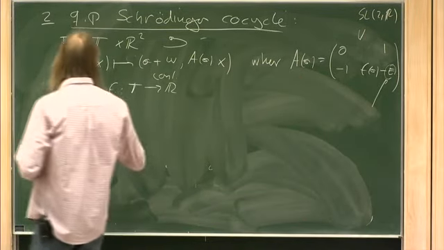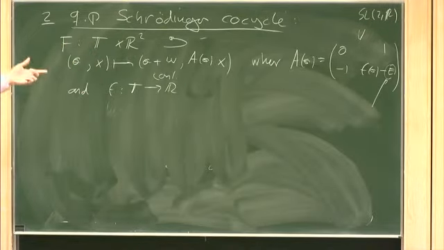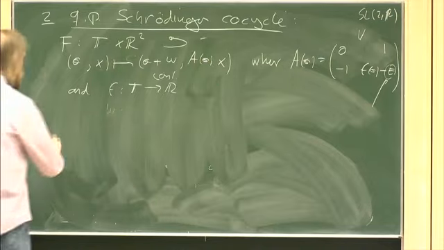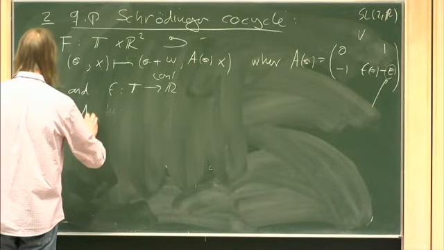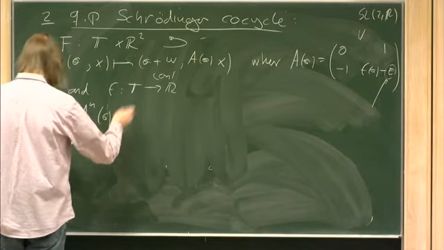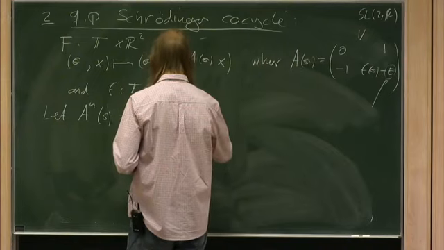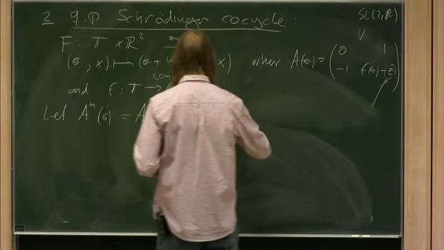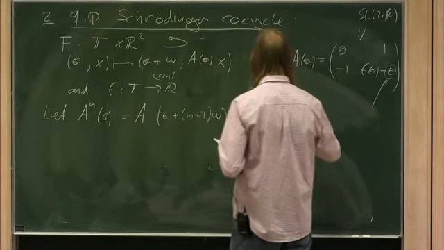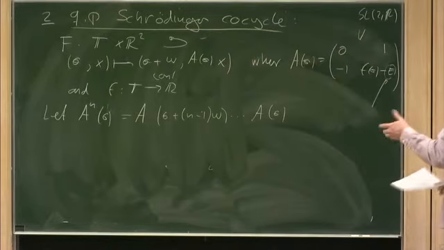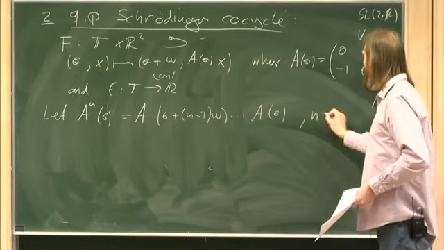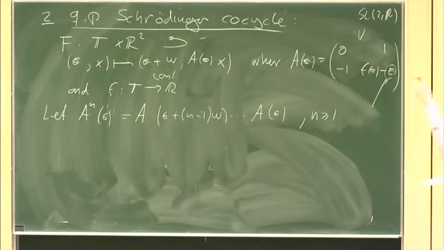And then we want to look at the iterates of this map, so we let A_N be the time evolution, or the monodromy matrix. And then you define it similarly if n is negative, and it's the identity if n is 0.